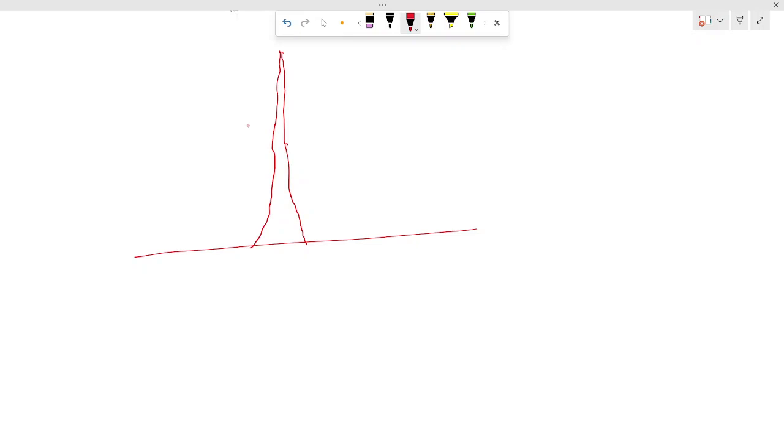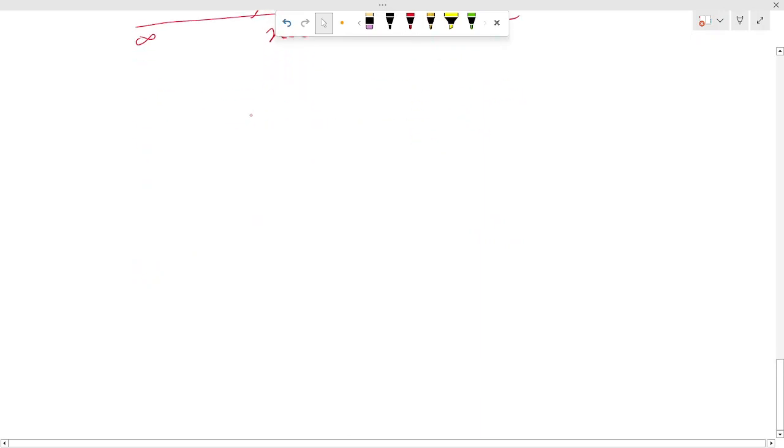You will find that this function looks like this. This is your x equal to 0, and this one is your x-axis, and at x equal to 0 it has the value infinity. That is your delta x. It is so thin that it is pointed. I'm just showing it for your better visualization.